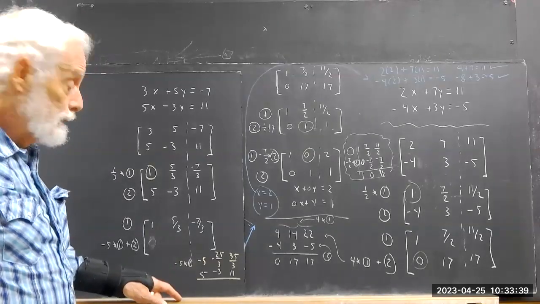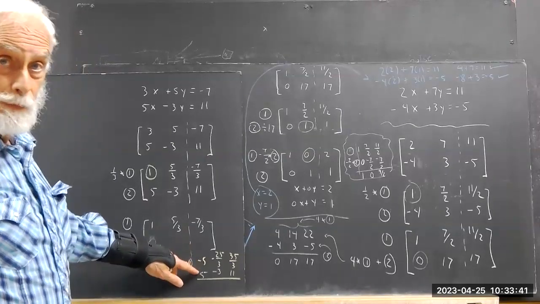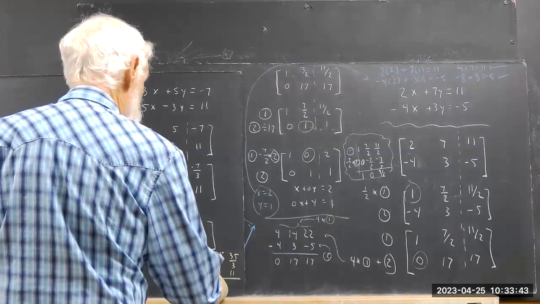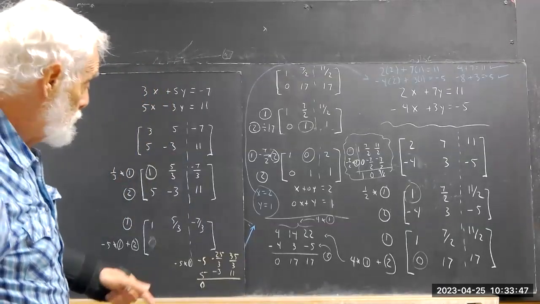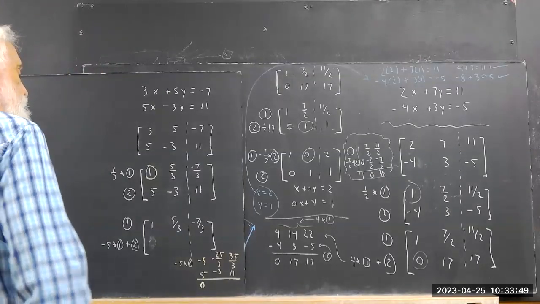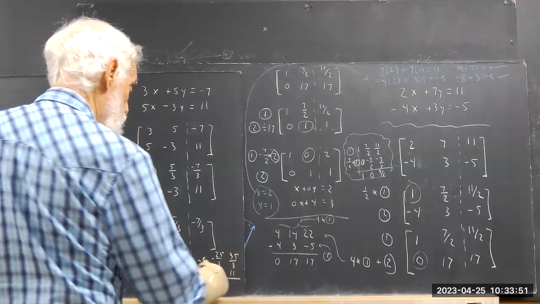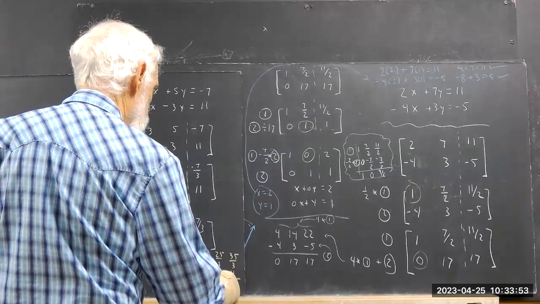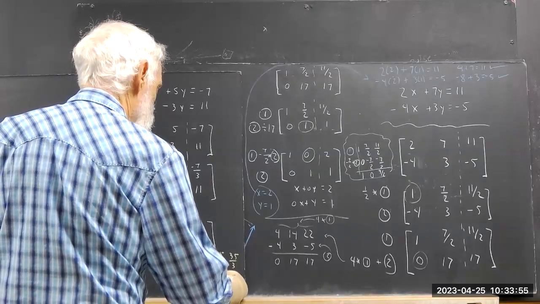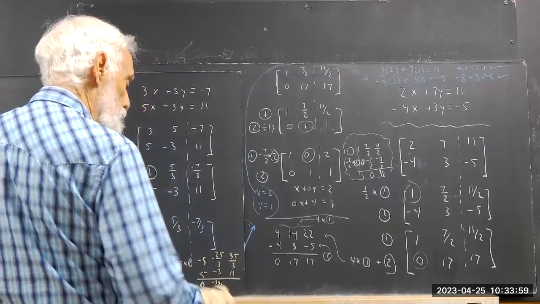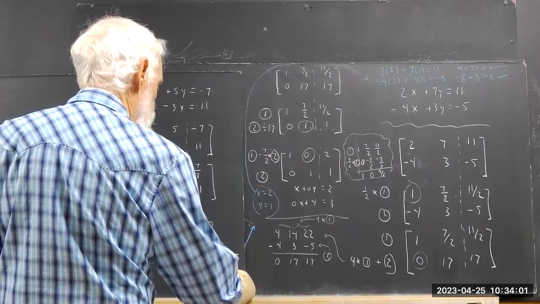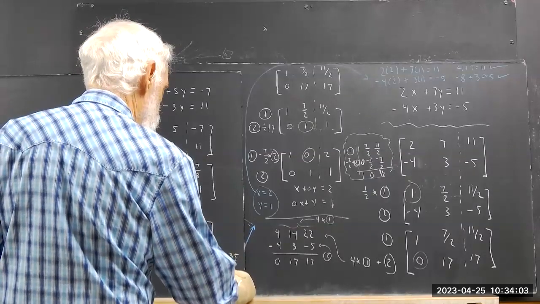When we add these, we're going to have -5 and 5, which is going to give us 0. That's what we're after. But we've got to get everything else that goes along with it, and when we do, -3 is -9 thirds, that gives us -34 thirds. And 11 is 33 thirds, 33 thirds and 35 thirds is 68 thirds.